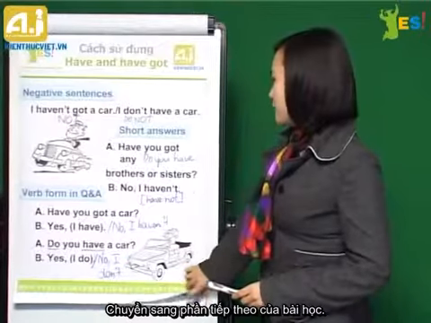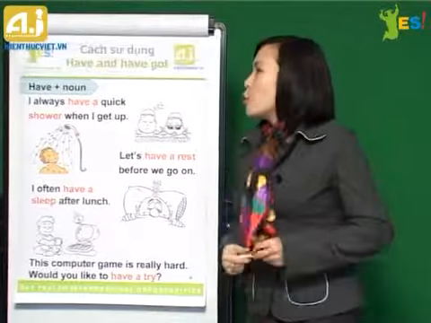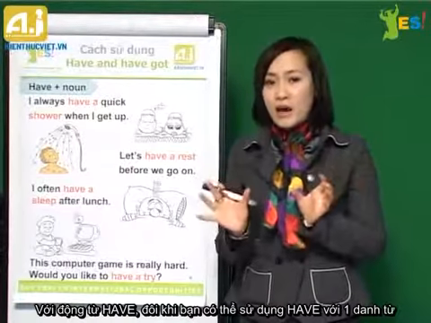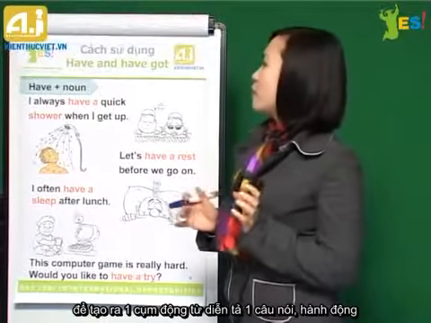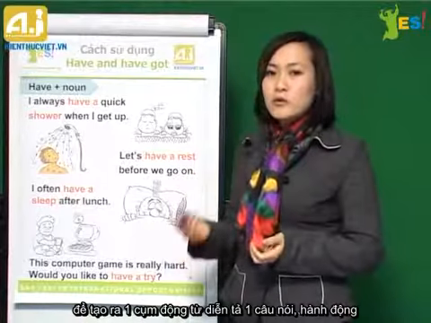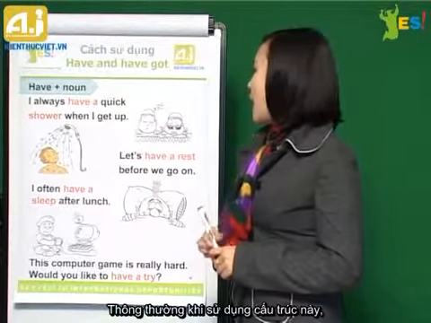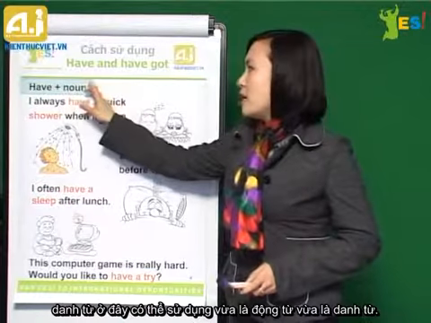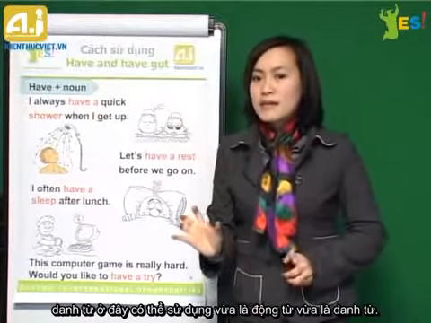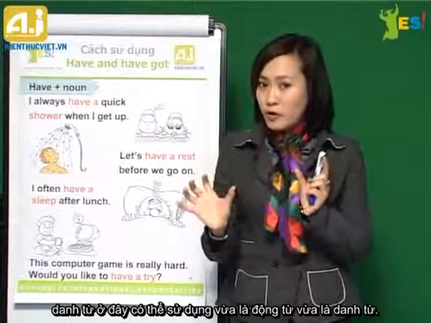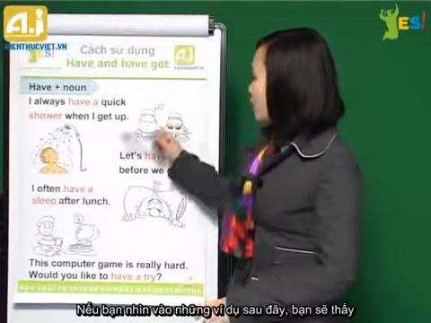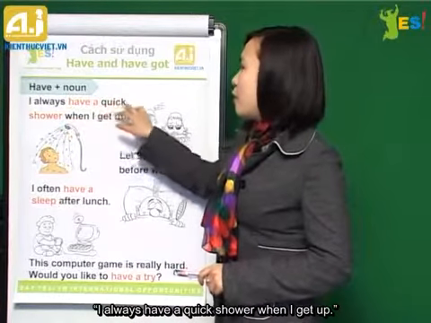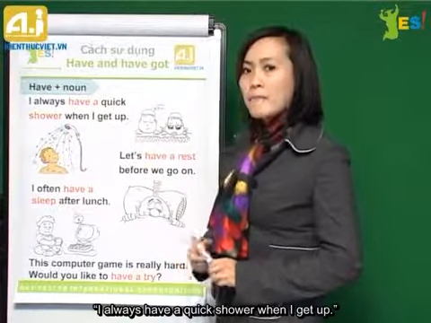Let's move to the next one. With the verb have, sometimes you can use have and a noun to make a verb phrase to talk about a certain state or certain action. And normally, when you have this structure, the noun here can be a word that can be used as a noun and a verb. If you look at these examples, I always have a quick shower when I get up.